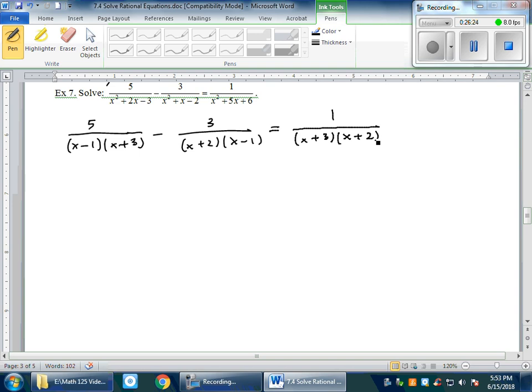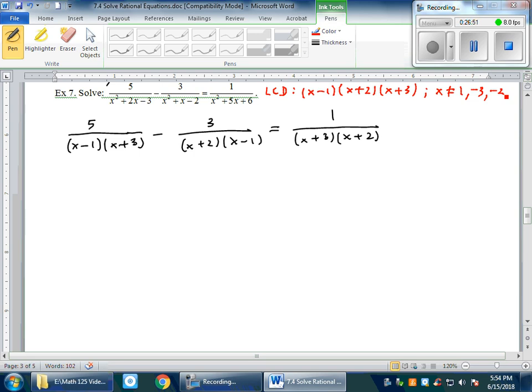So this time we will get the least common denominator: x minus 1, x plus 2, and then x plus 3. And also note that x cannot be equal to 1, negative 3, and negative 2. That will take care of all the fractions.